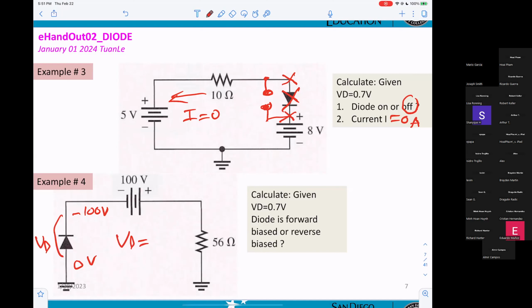VD equals 0 minus minus 100. VD will be equal to 100. So diode on or off? It's on.